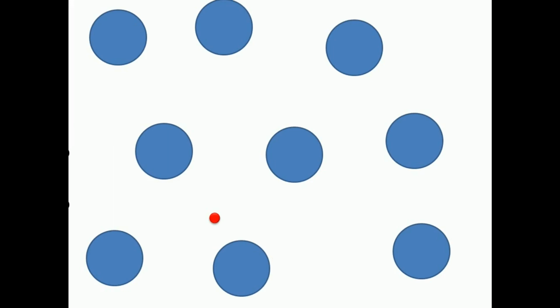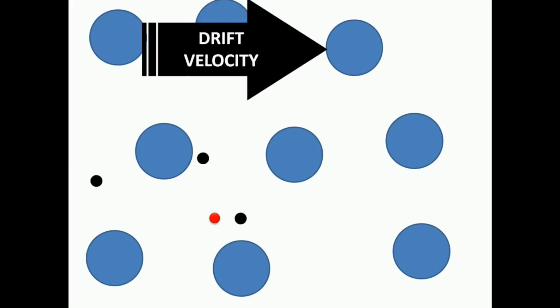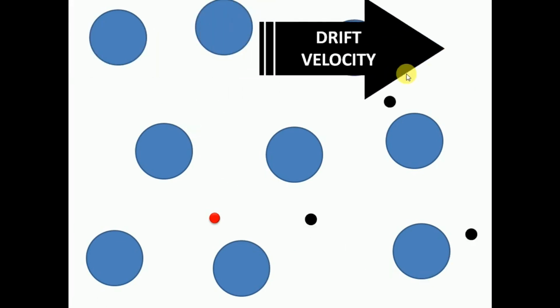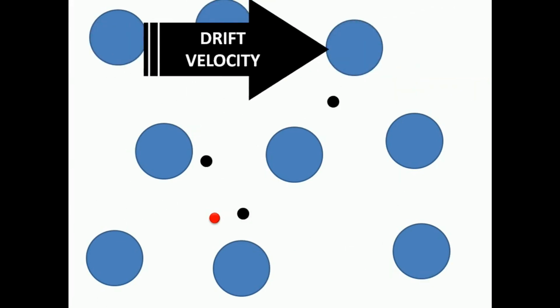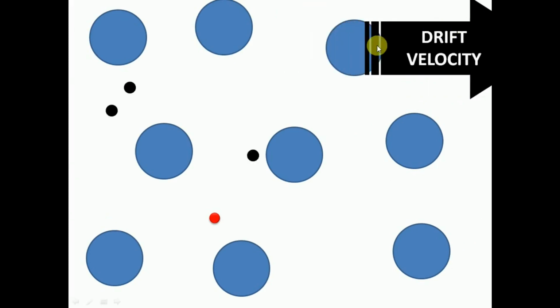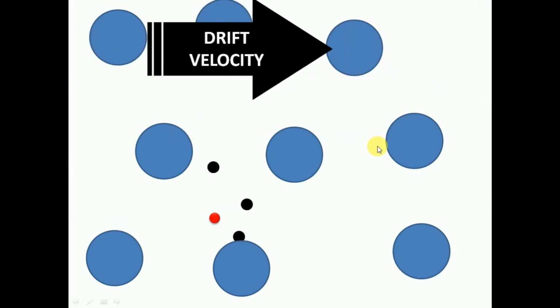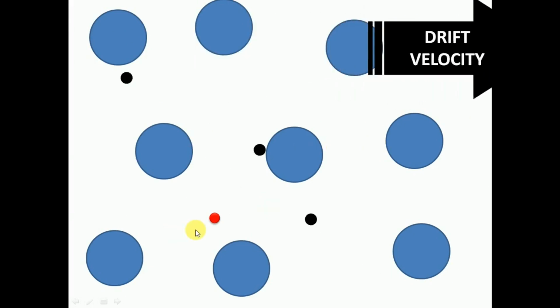Now there are a few terms related with current which we should know. As we know, they are drifting from one point to another point. The average velocity with which they drift from one point to another is called drift velocity, the velocity with which electrons drift from one point to another point of a conductor. And there is another related term.